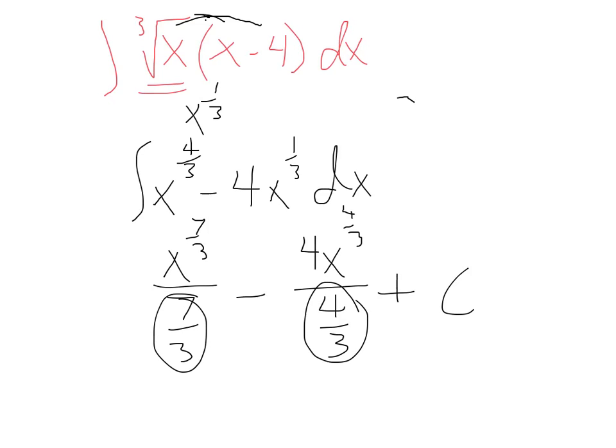So this would be 3/7 x to the 7/3 minus, well, the 4/3 changes to 3/4. 3/4 of 4 is just 3, x to the 4/3 plus c.